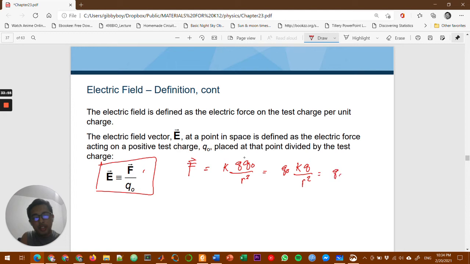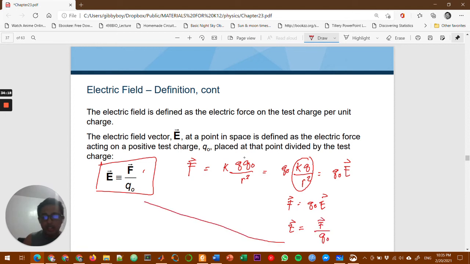Which makes sense because as you go nearer to the source, I put the plywood here, and it is stronger because there are more field lines counted here. As you go further away from the source, it gets weaker. Your electric field strength weakens, which means the number of electric field lines passing through a certain area decreases. It's like, let's say, the sun.